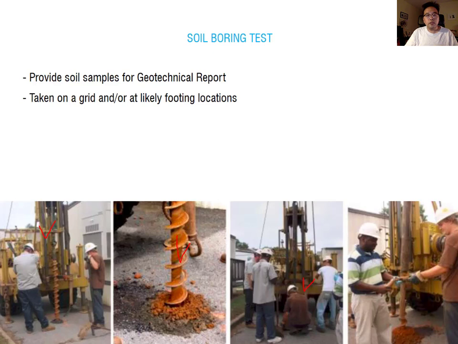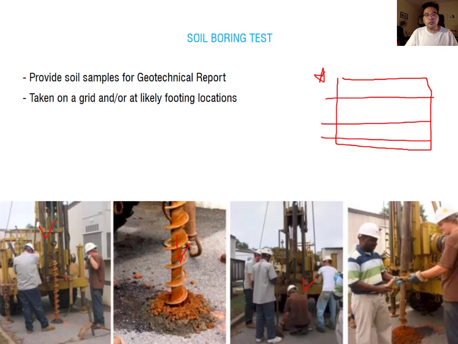If you have a site here, this is your site, and then they usually lay out an invisible grid line. Okay, and then they choose proper locations to get the soil sample. It's not only a single point, they get a few samples to understand the site condition.